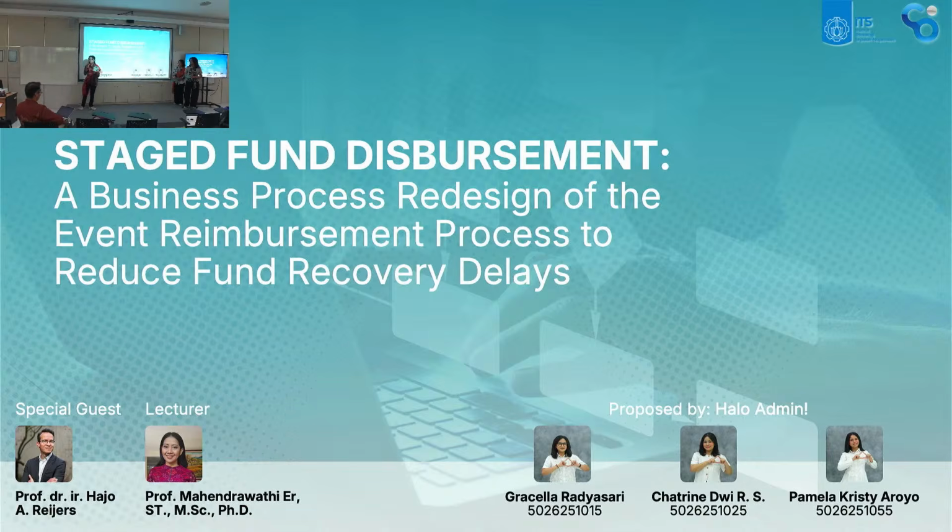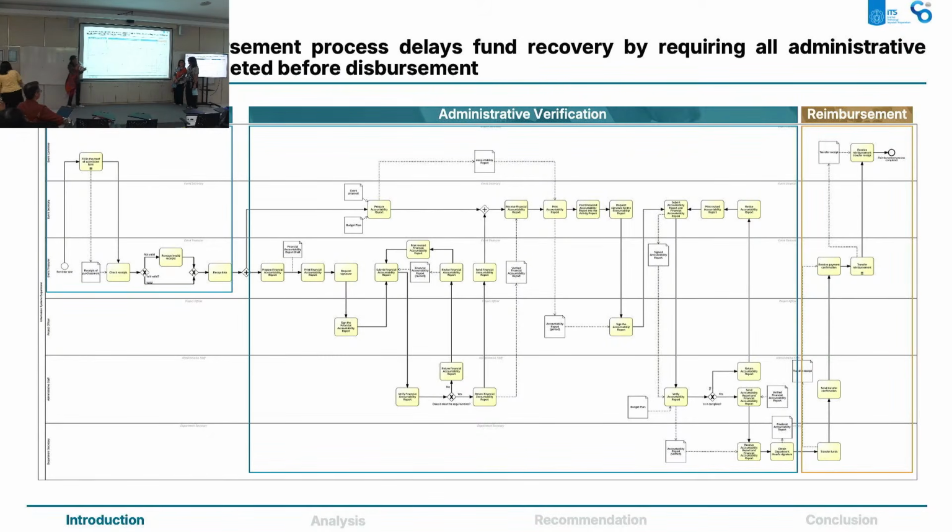Before we start talking about the solution itself, let us first understand the current reimbursement process. As shown in the BPMN, the reimbursement process starts when the event ends and the committee members submit their purchase receipts at the expense documentation stage. Then the treasurer prepares the financial accountability report, while the secretary prepares the activity accountability report, and both documents go through several verification and approval stages and an administrative verification stage.